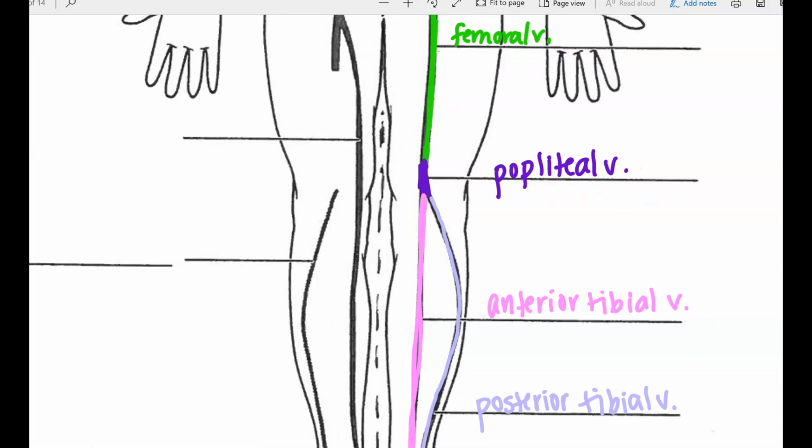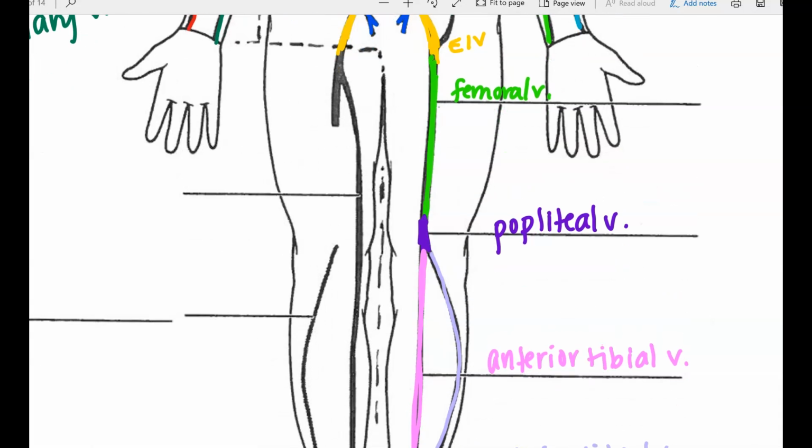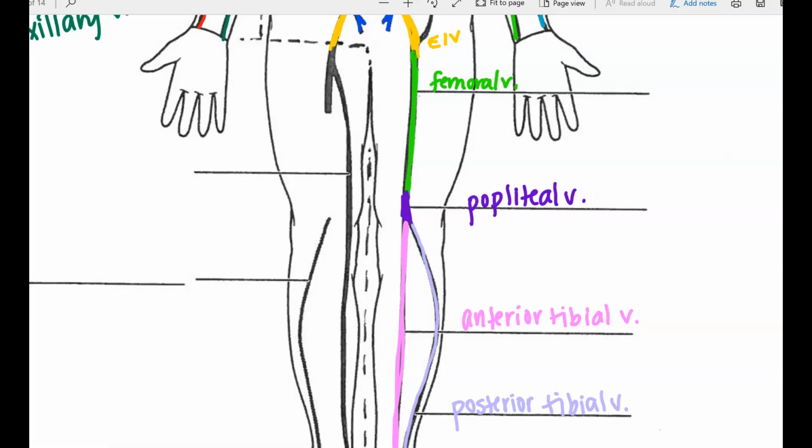Okay, so now let's take a look at the right side of the body. And of course, just to make sure everybody is clear, we have both superficial and deep veins on both sides of our body. We are just separating them to make our illustration a bit more clear. So let's draw in the femoral vein here on the right side as well.